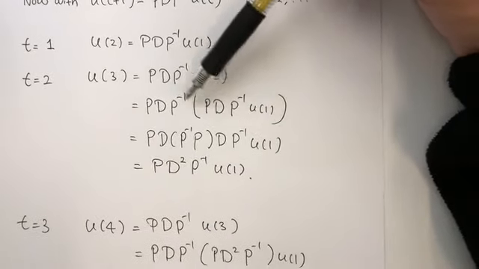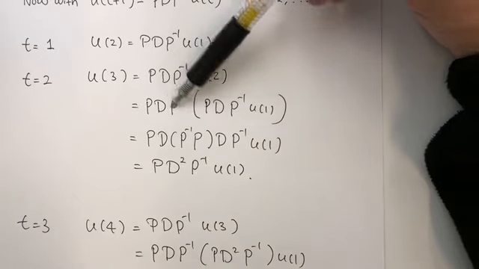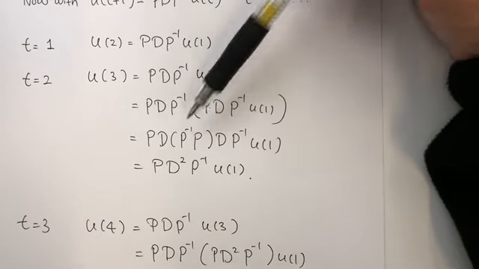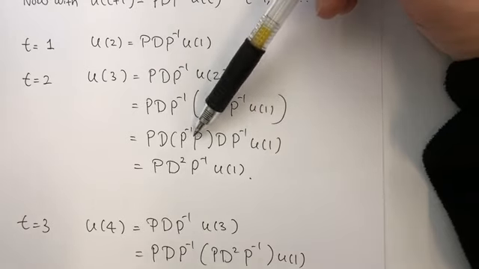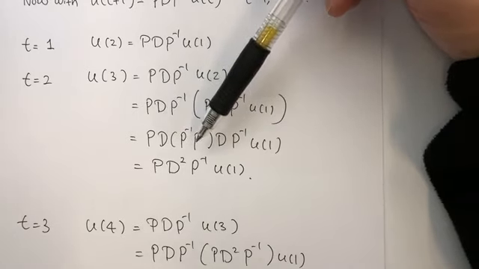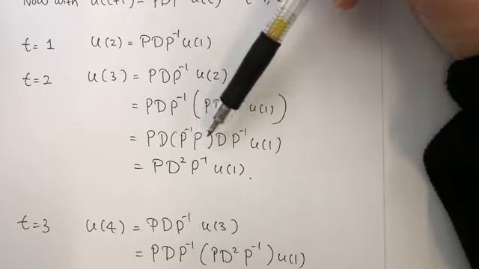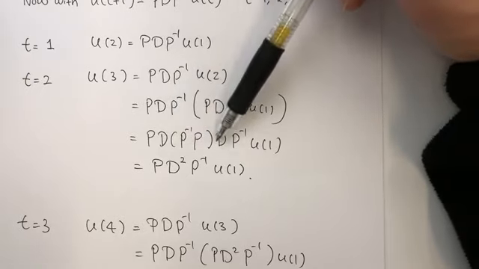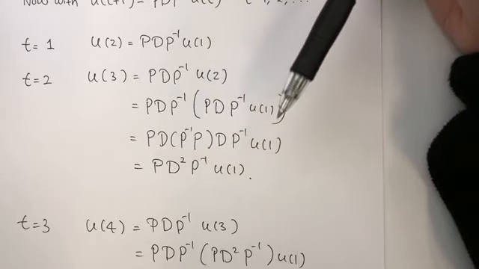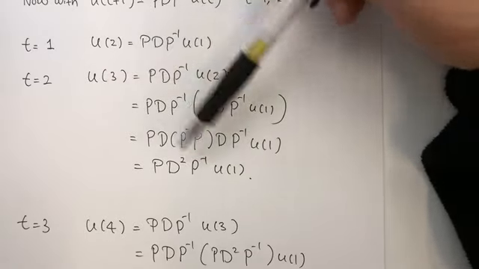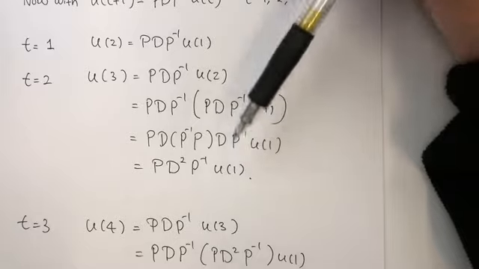Matrix multiplication is associative, so P inverse and P can be grouped together and cancel each other out, giving the identity matrix, which is basically like a 1. So multiplying by D just gives D, and then D and D combine to give D squared. In fact, u3 is P D squared P inverse u1.